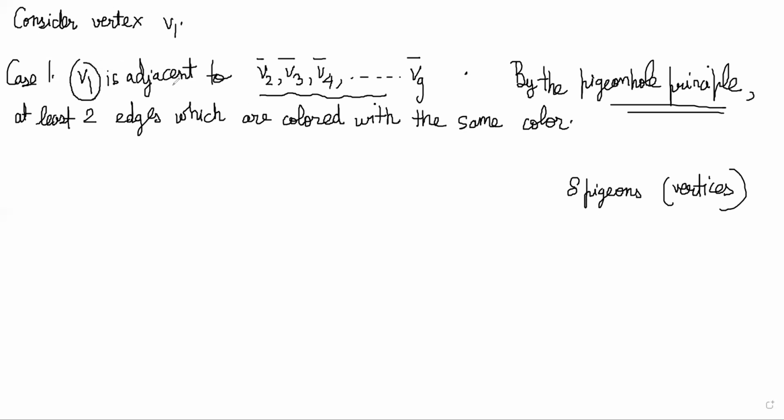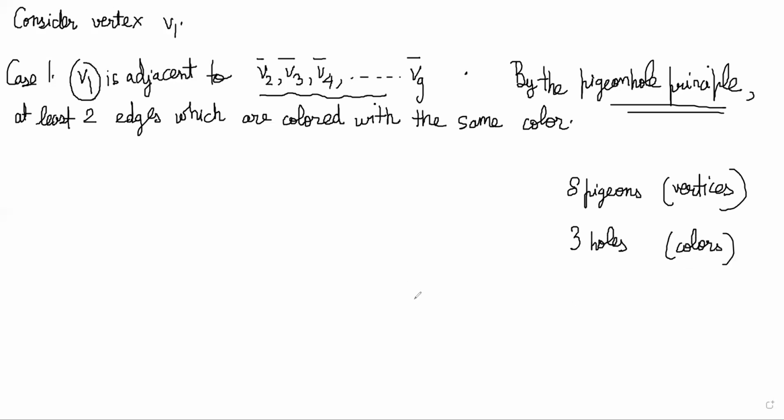V1 can know at max 3 languages, right? And if V1 is adjacent to 8 people, then obviously some vertices will be marked by edges having the same color. There are 3 holes, or colors.